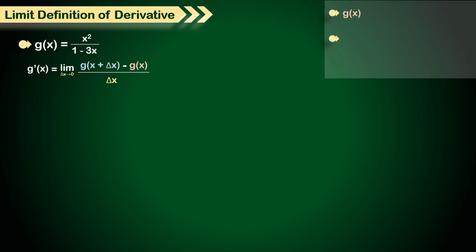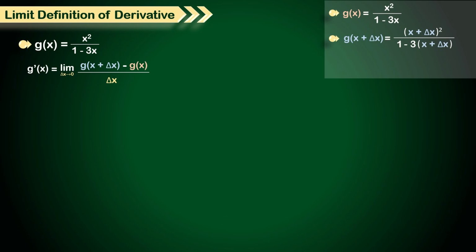g of x is x squared over 1 minus 3x, and g of x plus delta x is the square of x plus delta x over 1 minus 3 times the sum of x plus delta x. In the numerator, expand the square of the sum of x and delta x.